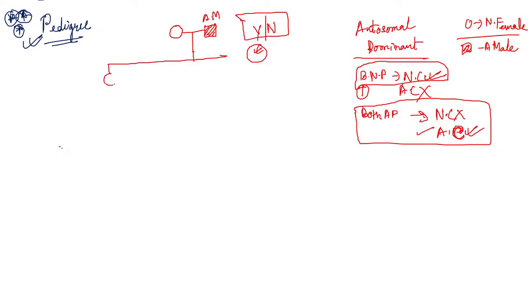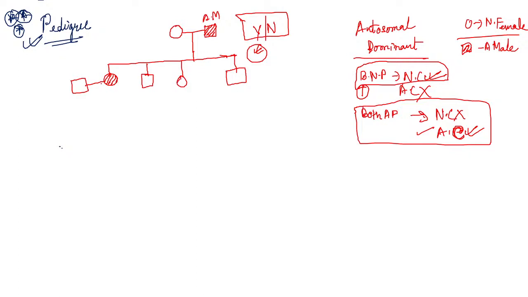Now, if the child is affected, then we'll get a female, then here we get a male, again we get a female, and here a male. So there will be chances of affection according to the presence of the gene or combination of the characters, right?